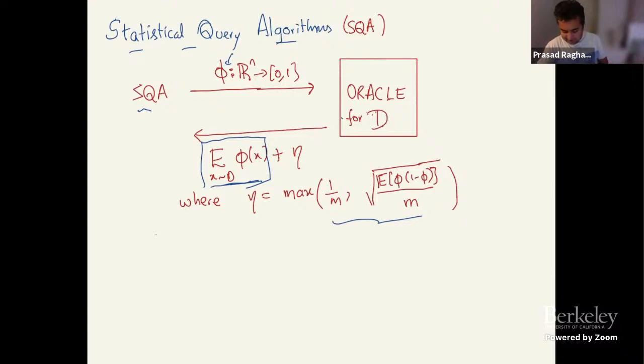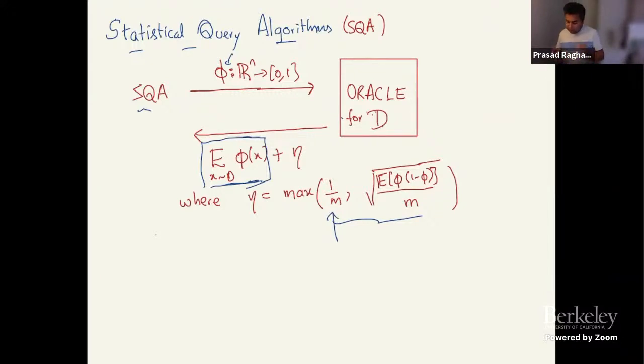And you measure runtime based on how many queries such an algorithm must make given the accuracy parameter m, because that determines how good an approximation to the true expectation you get back from the oracle.